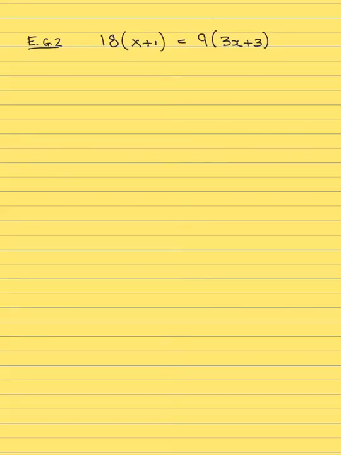First step here is get rid of the brackets. 18 times x is 18x. 18 times 1 is 18. 9 times 3x is 27x. And 9 times 3 is 27. Second step. Get rid of the numbers on the left-hand side.